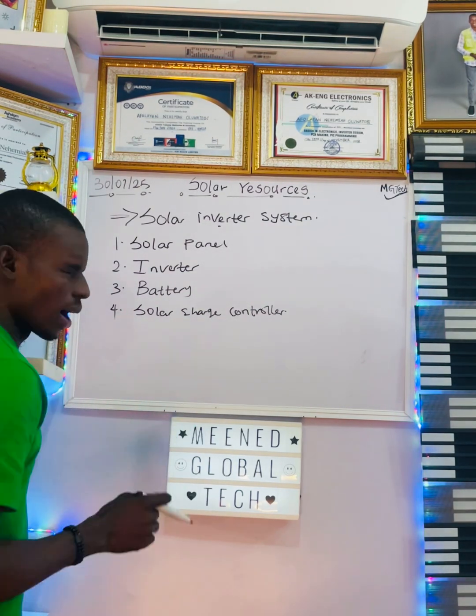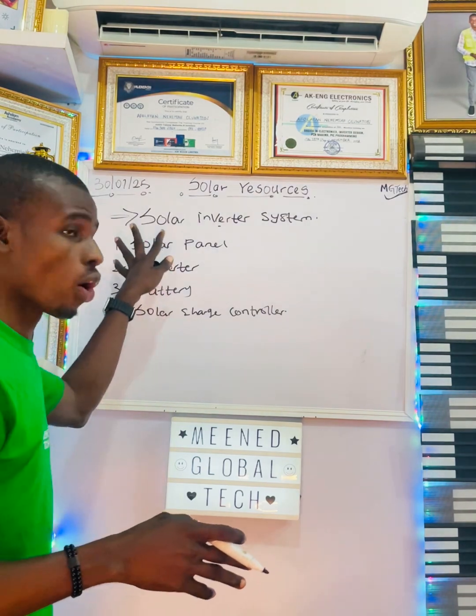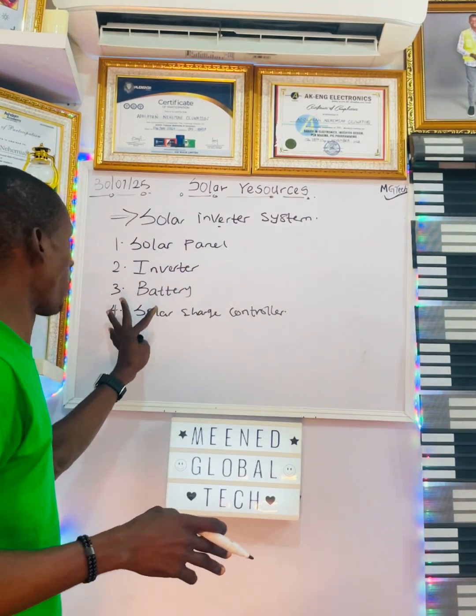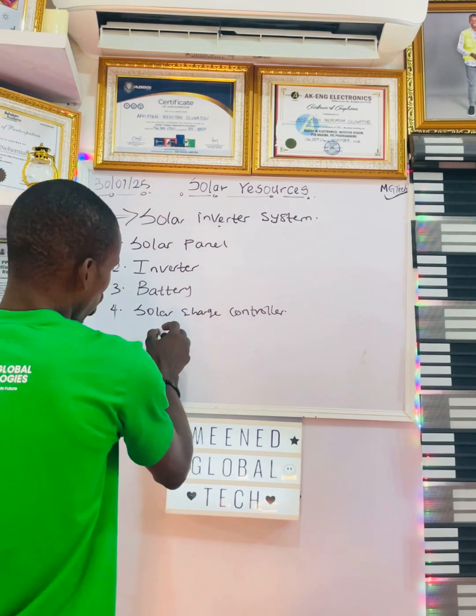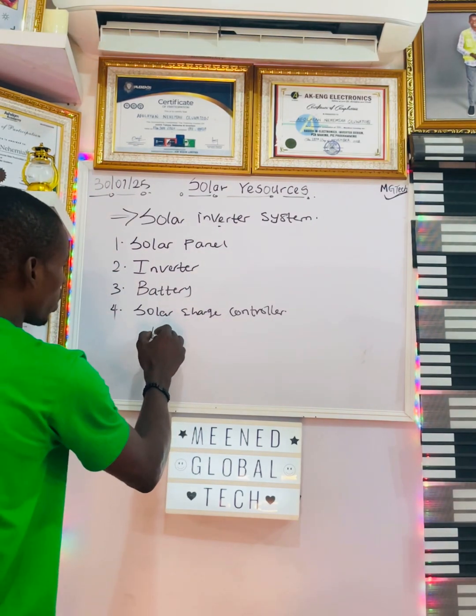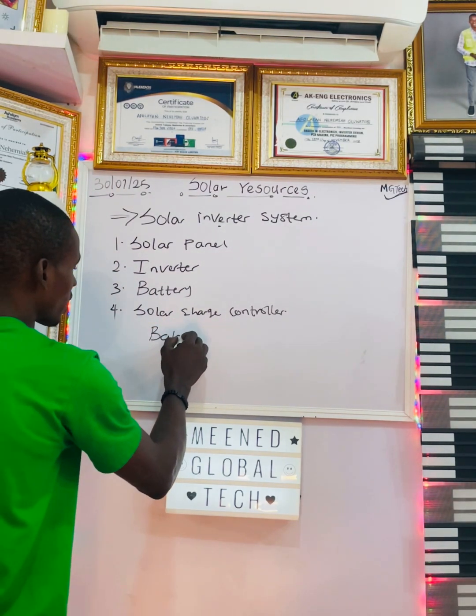All right. Aside from the four components highlighted, we have the complementary side of it. Call it the balance of system.